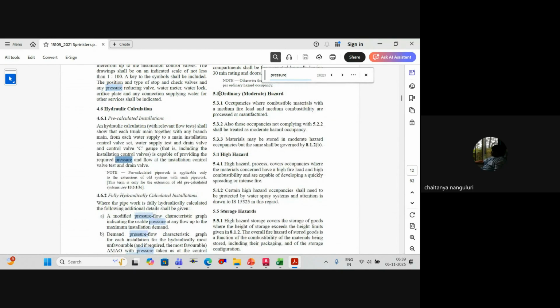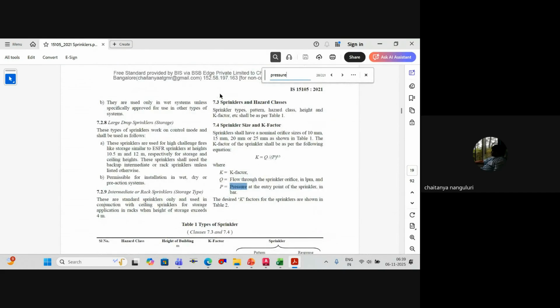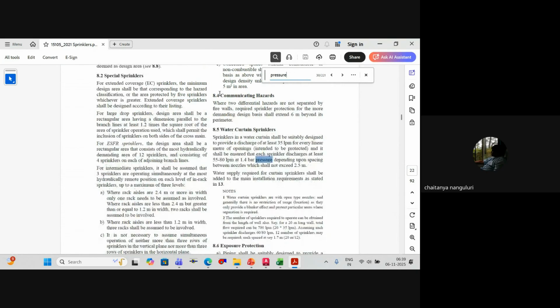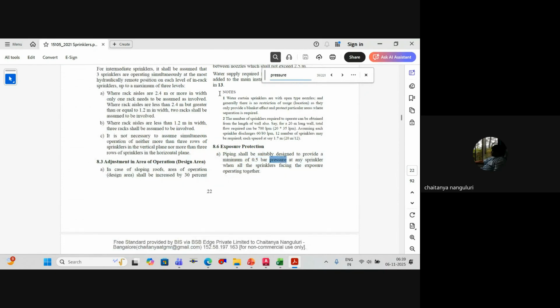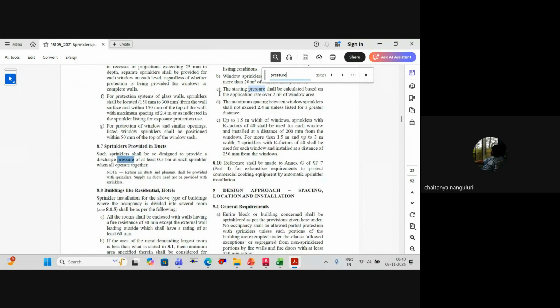Just a second. I'm trying to find that exact figure. That's also 0.5. Sprinklers at a minimum of 0.5 bar pressure for the exposed load bearing column horizontally.